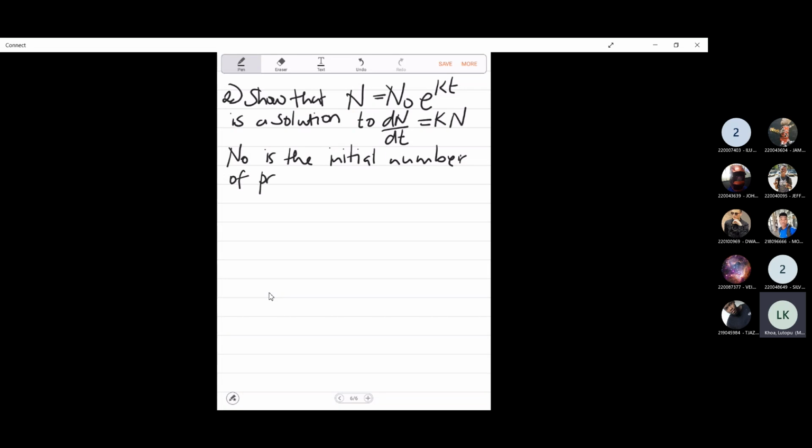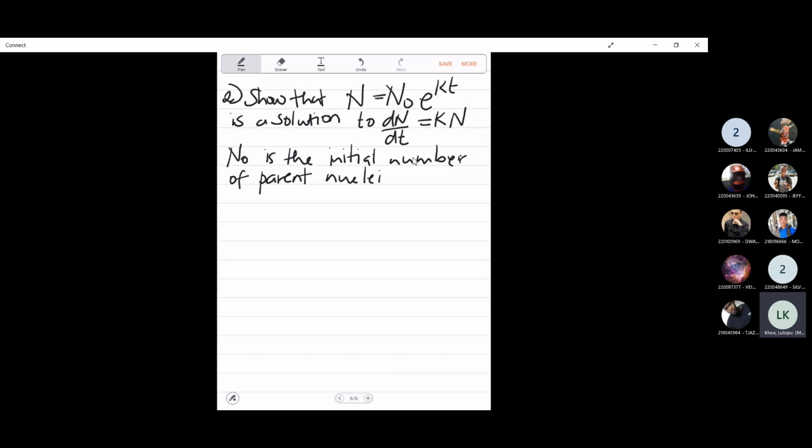So here they're talking about parent nuclei, but it's the initial number of something. All we want to show is if I differentiate this equation, it will satisfy this expression that I have over here. So we just need to work out dN dt and then show that dN dt is equal to k multiplied by N, where N is this N naught e to the power of kt.